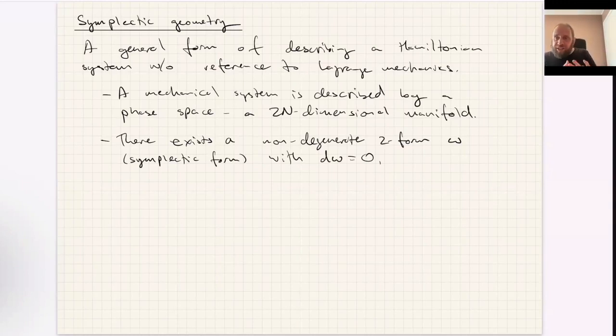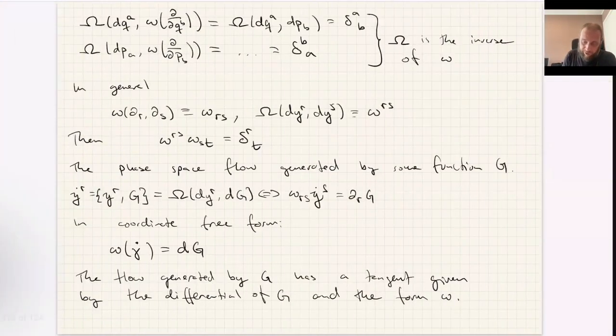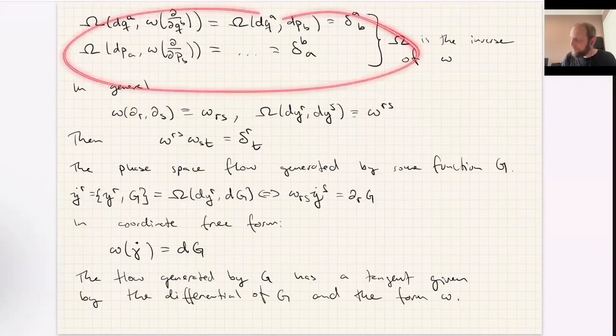So non-degenerate essentially means that it can be inverted, right? And we saw that our omega here could indeed be inverted.